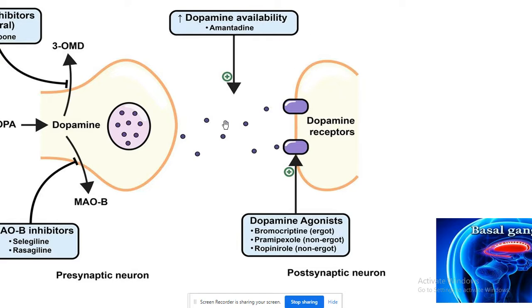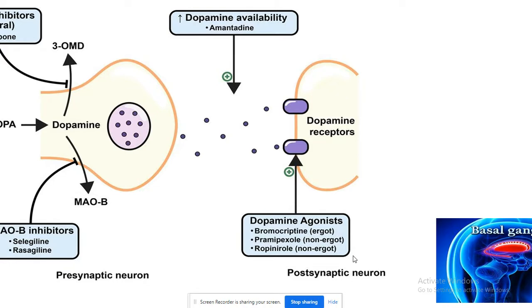Again, we have dopamine agonists. So what is an agonist? An agonist is simply a drug which promotes more like the entry of another drug, or so to say, an agent which promotes the existence of another agent.